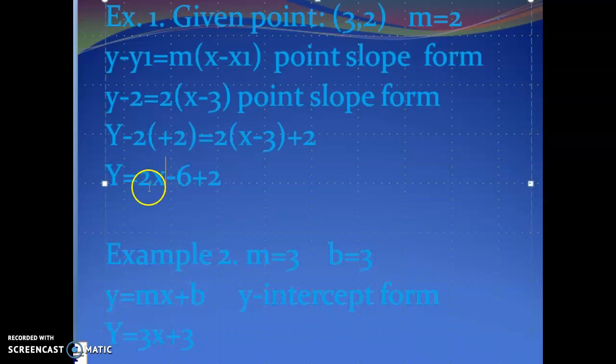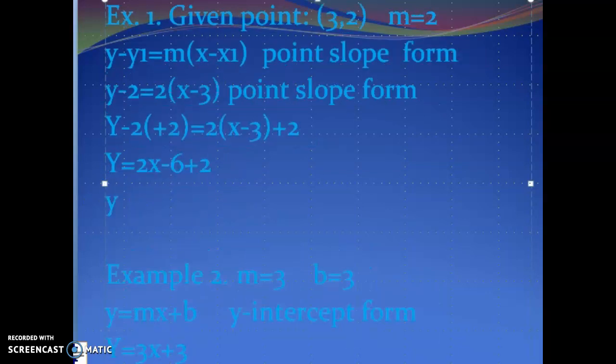So you cannot combine 2x and negative 6 because negative 6 doesn't have an x. And you cannot combine 2 and 2x because 2 doesn't have an x. So negative 6 and positive 2 are like terms, so we can combine them. So it will give us y equals 2x. We'll just leave the 2x because you cannot combine it with either of these two numbers. So negative 6 plus 2 will give you negative 4.